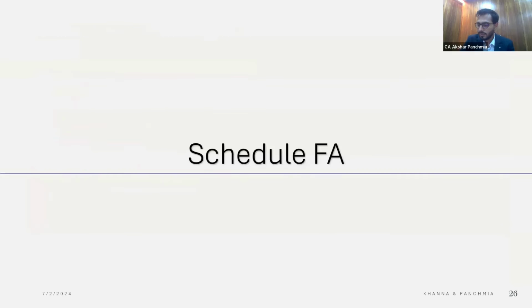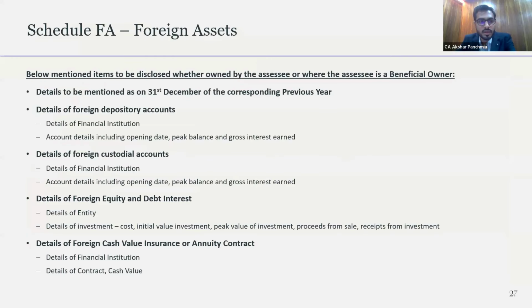Coming to one of the most dangerous schedules in the income tax return if overlooked, Schedule FA. Schedule FA talks about the foreign assets which a person may hold. In this case, you have to mention very particular details, whether the assessee directly in their own capacity holds these, or whether the assessee is a beneficial owner of such assets.